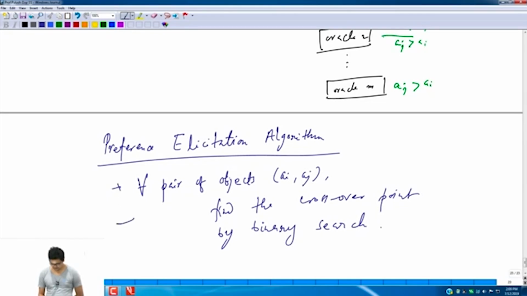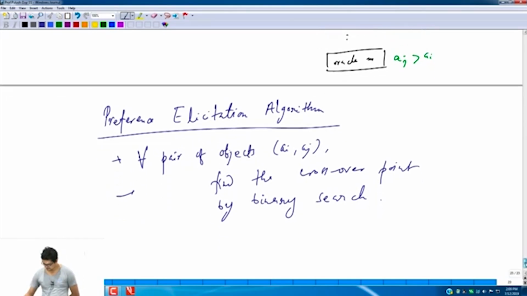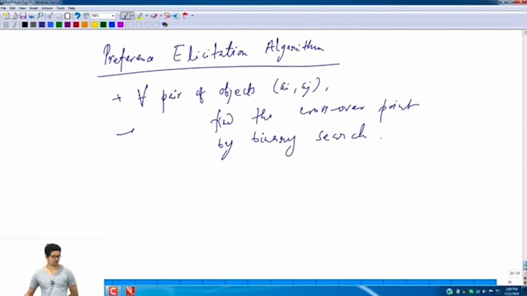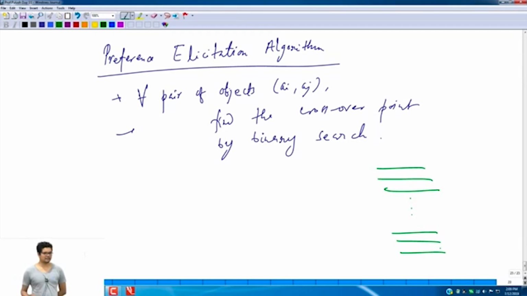I am not writing the algorithm formally. Let me explain how it is working. Suppose these are my n orderings, and I pick any two alternatives, any two objects AI and AJ.